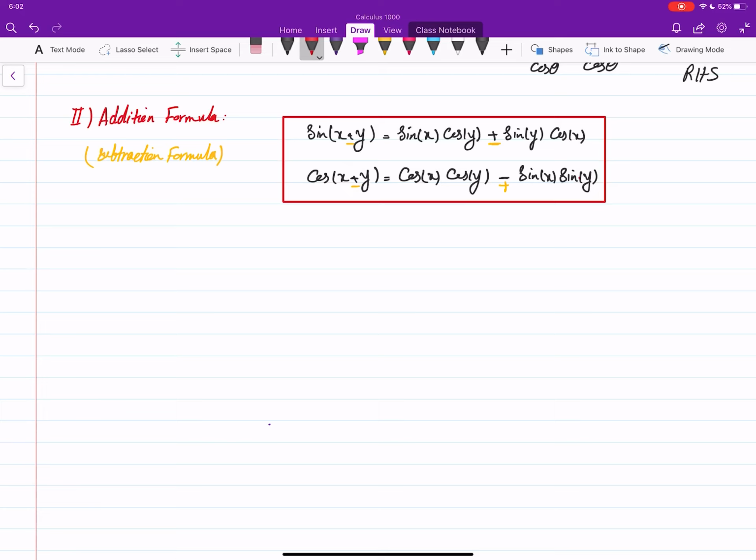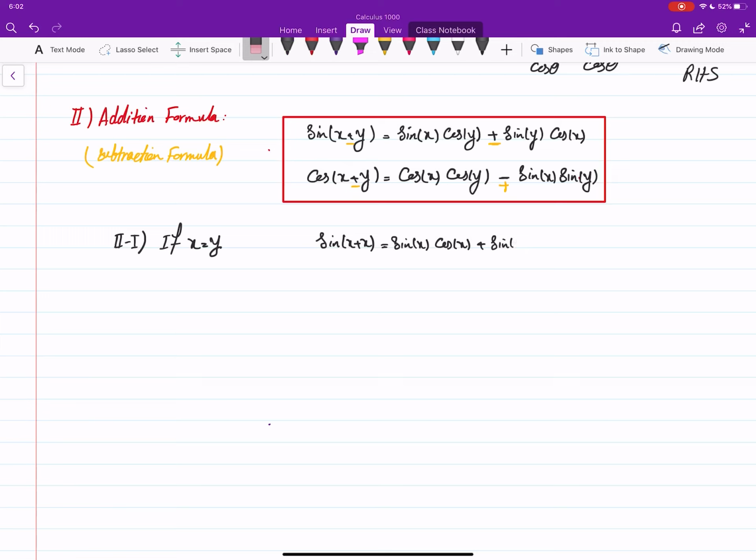Well, the results of this addition formula most of the time are more important than the formula itself. For example, let me write this as 2.1. If x and y are the same thing, what will happen? So here I will have sine of x plus x equals sine x cosine x plus sine x cosine x.